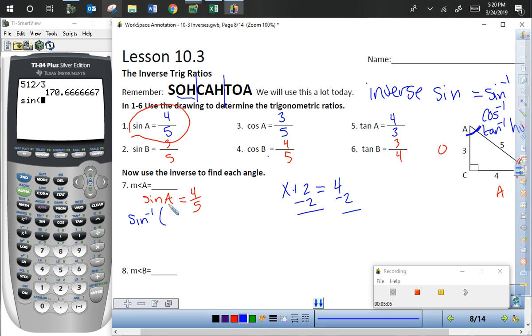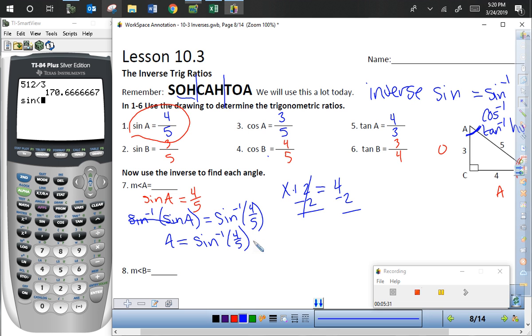So this whole thing is going to go inside of that parenthesis. Same thing on the other side. We'll say the inverse sine of 4/5. Over here, those cancel just like our plus 2 and our minus 2 cancel, and we're left with A equals the inverse sine of 4/5.